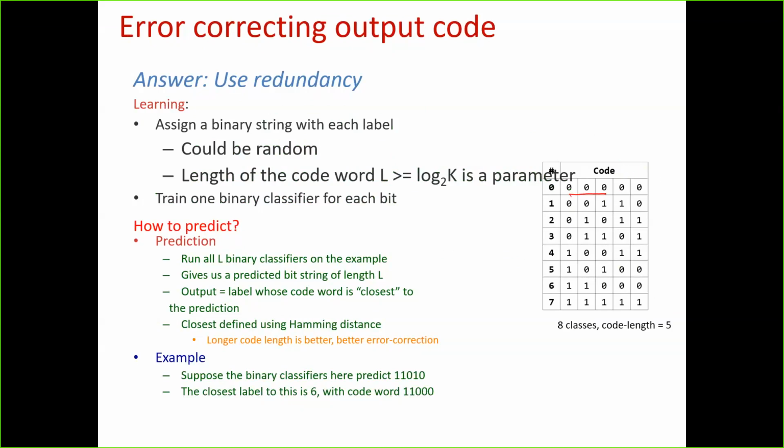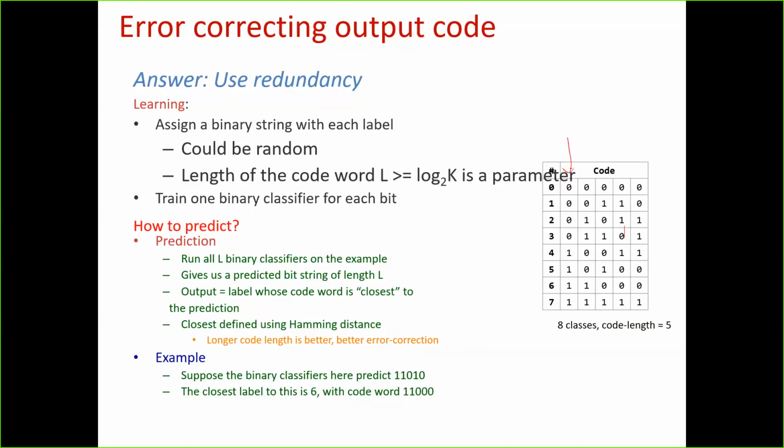By following a uniform distribution, you generate zeros and ones randomly and add 2 columns. So now 0 is encoded as 0000000, 1 is encoded as this, and so on, up to 7.